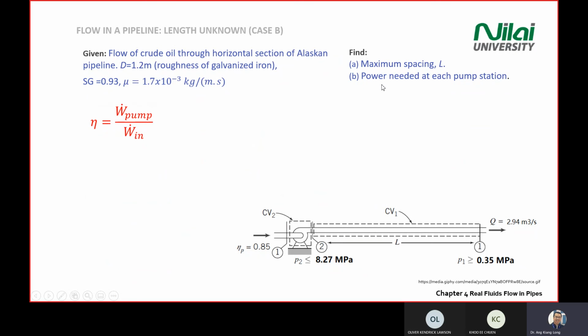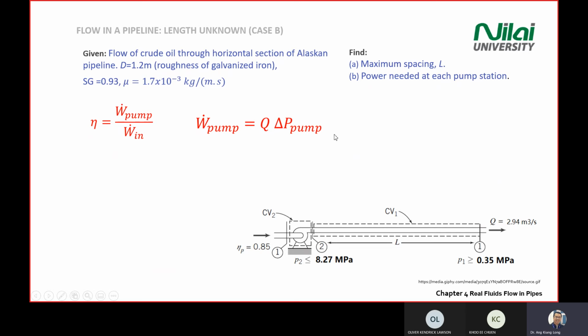So the next one, we want to find the power. You are given the efficiency. So what is efficiency? You learned from thermodynamics already. Efficiency equal to output divided by input, so output power divided by input power. So recall in your thermodynamics, your power of the pump equal to Q times the pressure difference.